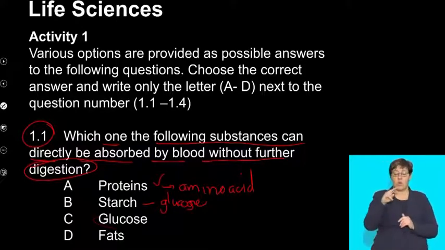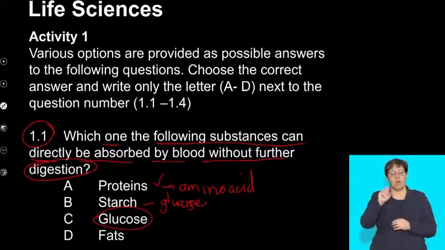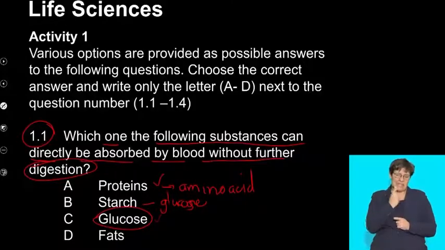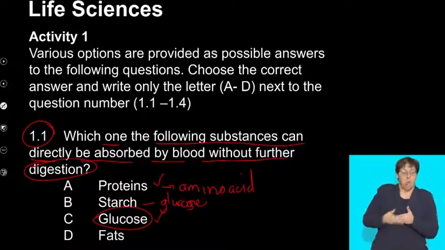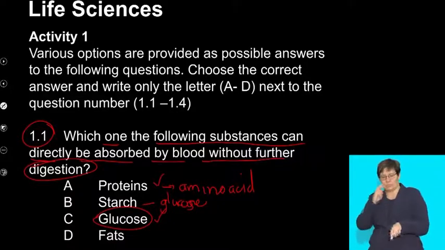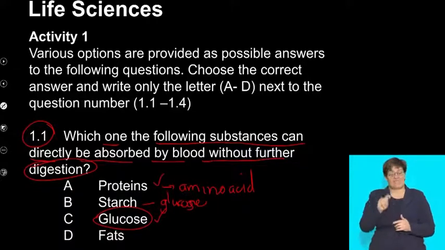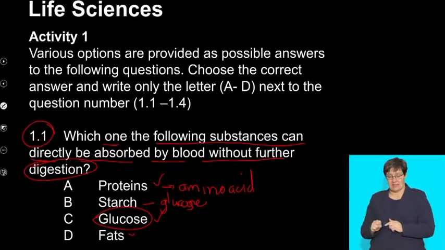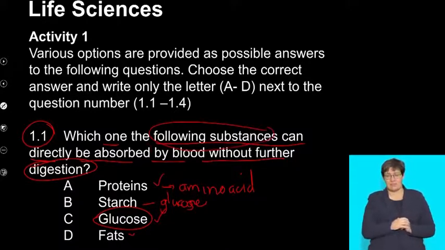We know that glucose is a simple monomer. It's the simplest form of carbohydrate that is easily and rapidly absorbed without having to undergo any chemical breakdown. And we know that fats, guys, are broken up into fatty acids and lipids. So when we look at this question, which of the following substances can be directly absorbed?